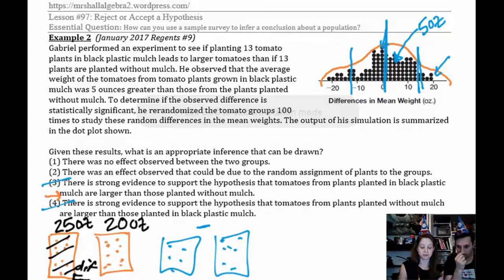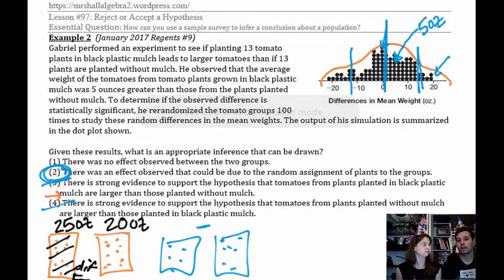There was no effect observed between the 2 groups. Well, there was a 5-ounce difference effect observed. There was an effect observed that could be due to random assignment of the plants to the groups. Yes. It is likely when we re-randomize these plants in this simulation, like 5 ounces was within the 95%. A difference of 5 ounces in the mean weights is somewhat normal. It falls within our 95% confidence interval.